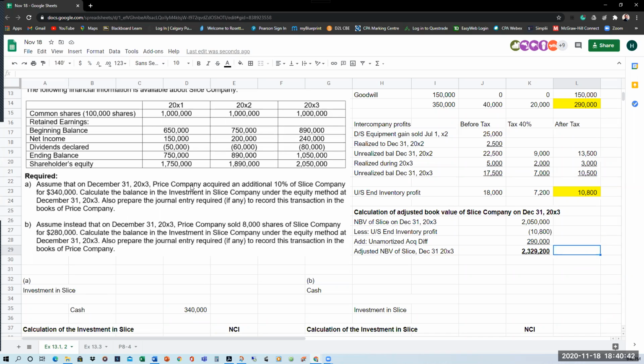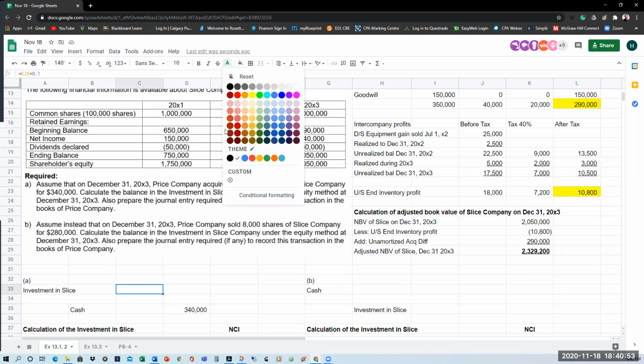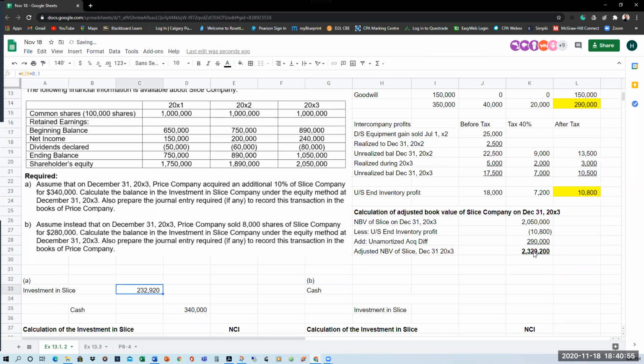So if Price has purchased 10%, then 10% of 2,329,200 is what we are going to debit the investment account for. So 10% of 2,329,200 gives you 232,920. So they bought 10% of the investment.